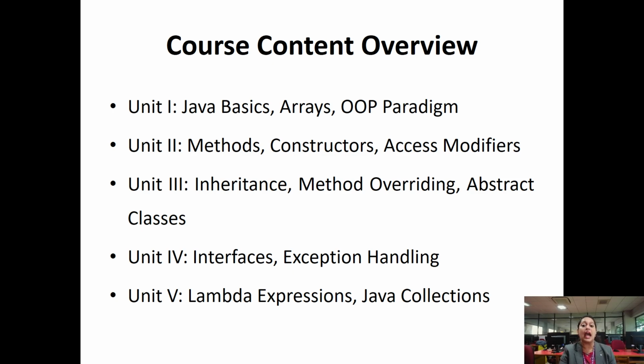The errors which can be handled, that is called exception. So that you will learn in Unit 4. And in Unit 5, you will be learning about the lambda expressions, and also how to implement the data structures in Java using Java collections. So this is the brief overview of all the units which you are going to study throughout your semester.